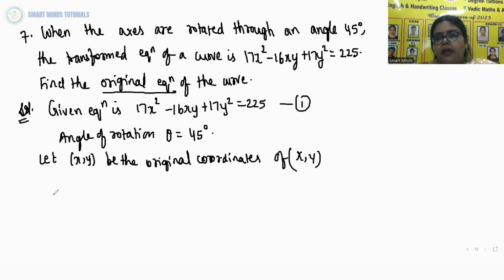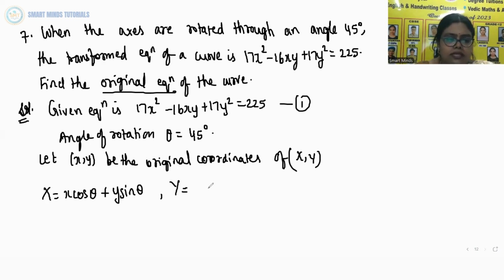So we need to take the capital X and capital Y formula. So capital X is small x cos theta plus small y sin theta. And capital Y is minus x sin theta plus y cos theta.